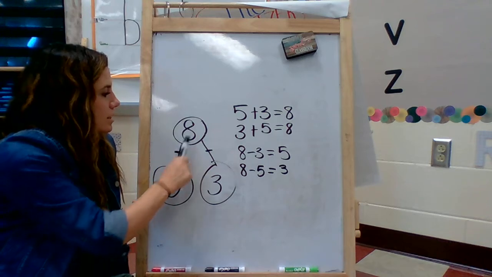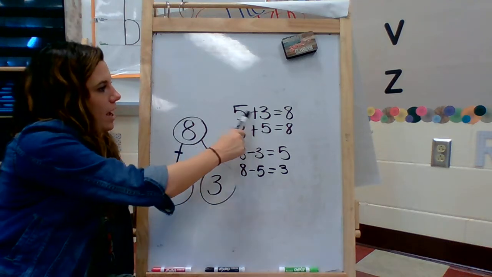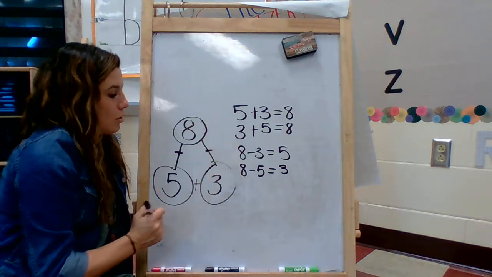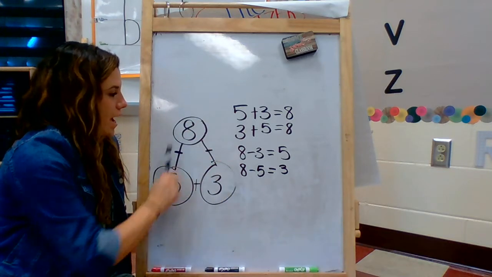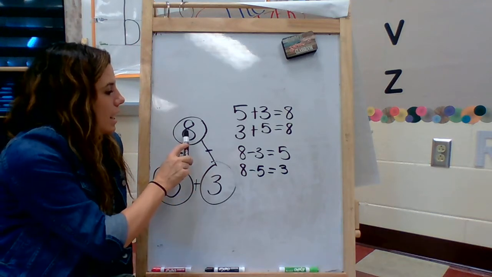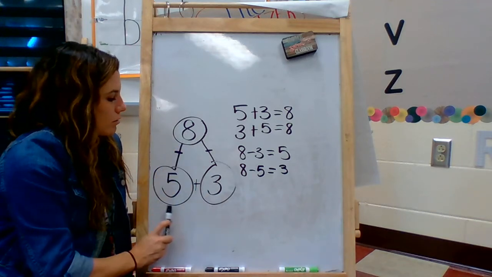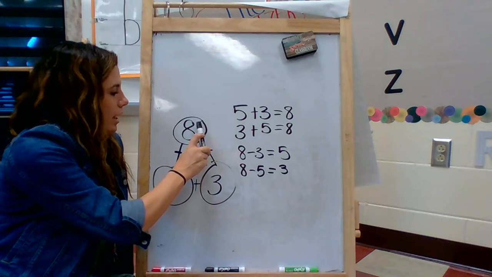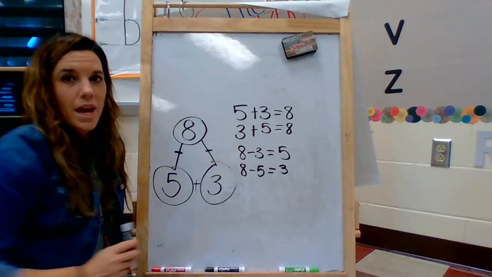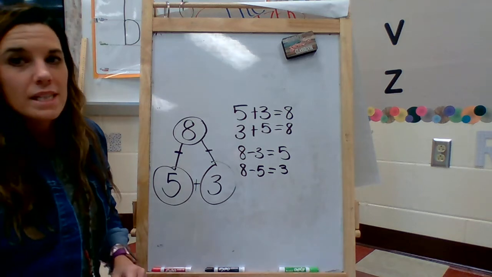So our addition sentences with this number bond, 5 plus 3 equals 8, or 3 plus 5 equals 8. Our subtraction sentences would say 8 minus 3 equals 5, or 8 minus 5 equals 3. Okay? Hopefully you can see how I did that.